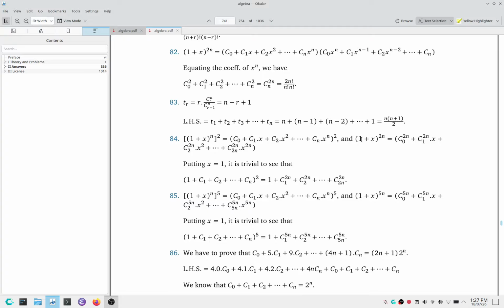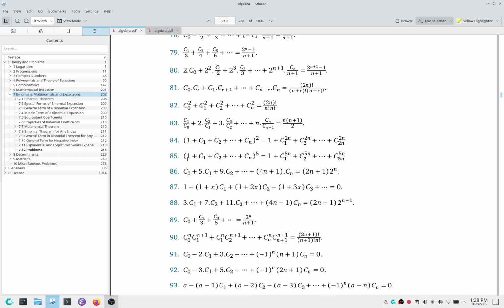And (1+x)^2n is equal to 2nC0 plus 2nC1 into x plus 2nC2 into x square. Now we put x is equal to 1 to find that (1 plus C1 plus C2 up to Cn) whole square is equal to 1 plus 2nC1 plus 2nC2 up to 2nC2n.